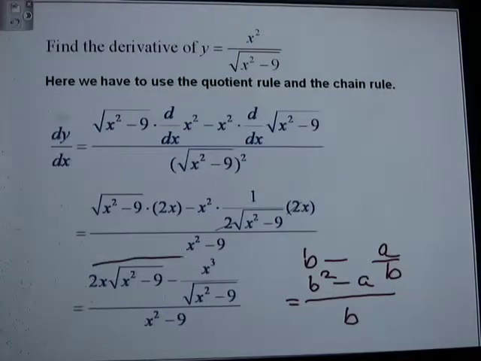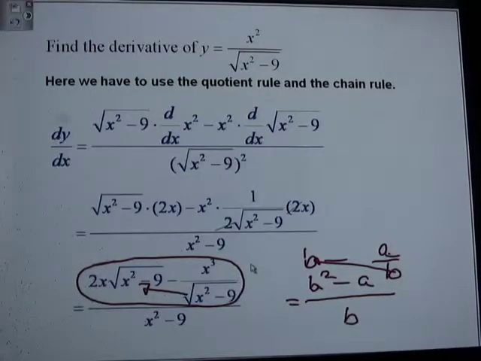So how would you do this like that? Square root of x squared minus 9 will be the common denominator. And when you do that, look at this, b minus a over b. On the numerator, this b and b multiplied. Similarly, on the numerator, square root of x squared minus 9 will multiply square root of x squared minus 9. Is it okay? All right.